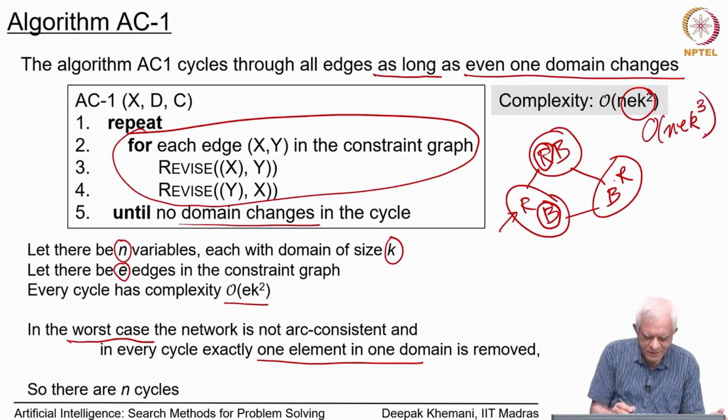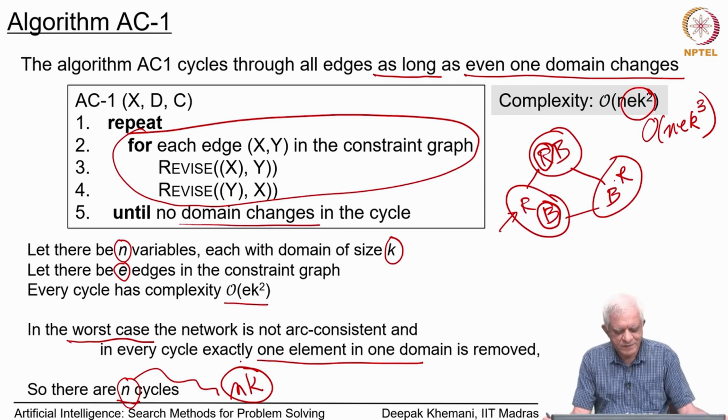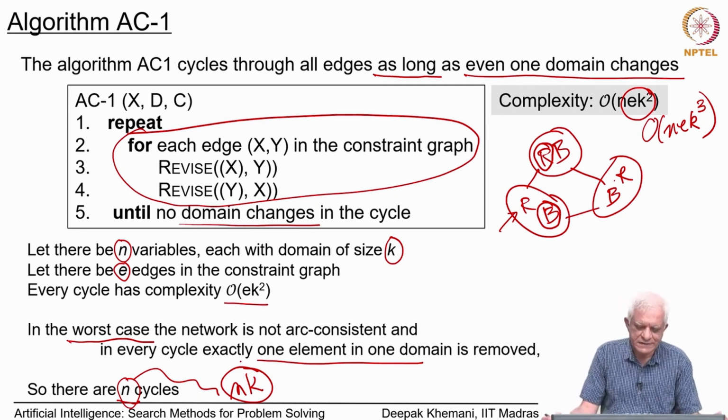Why? Because there are going to be n into k cycles, because in every cycle one element will be removed. So, that is why we get n e k cube here essentially. So, that is the algorithm AC1.